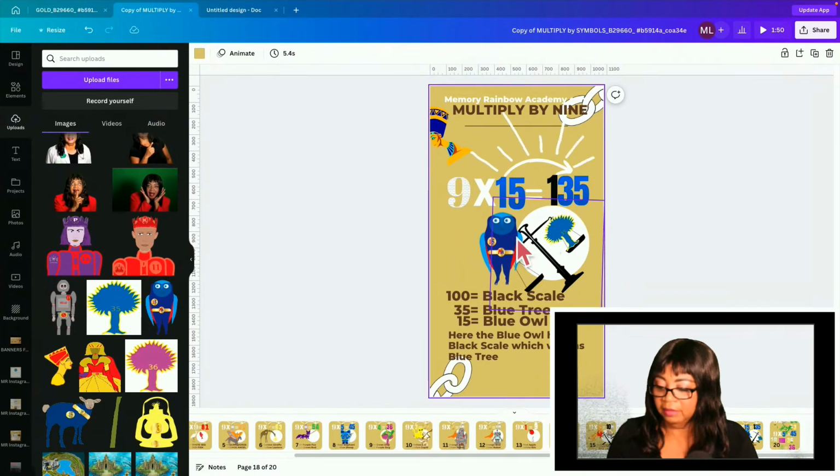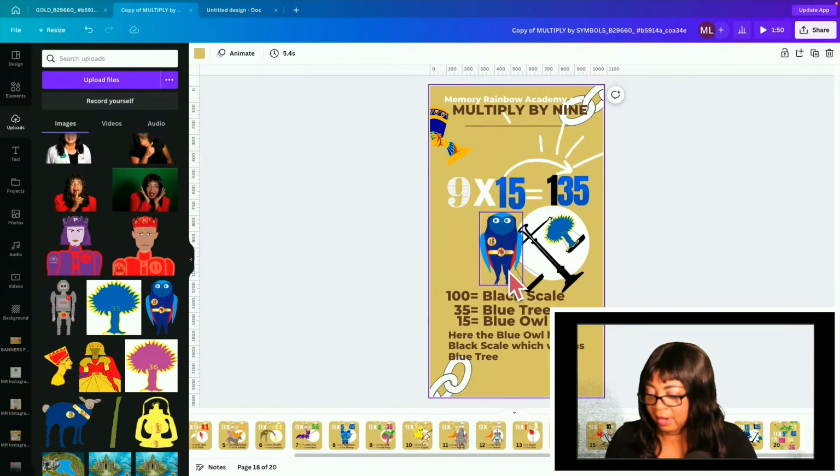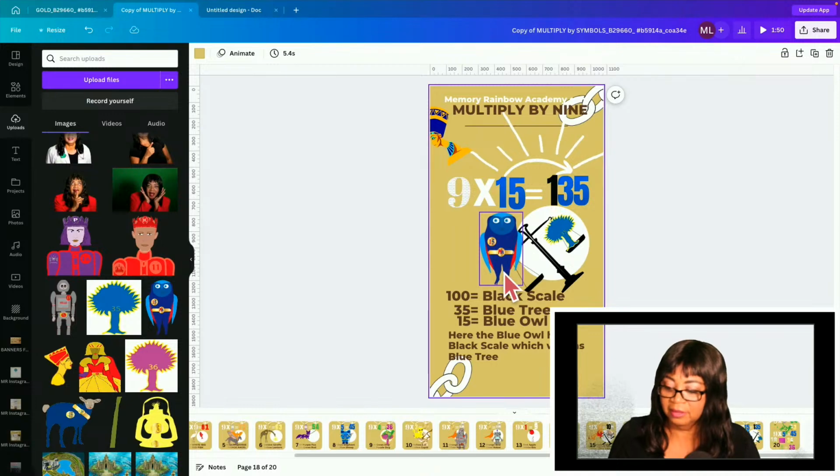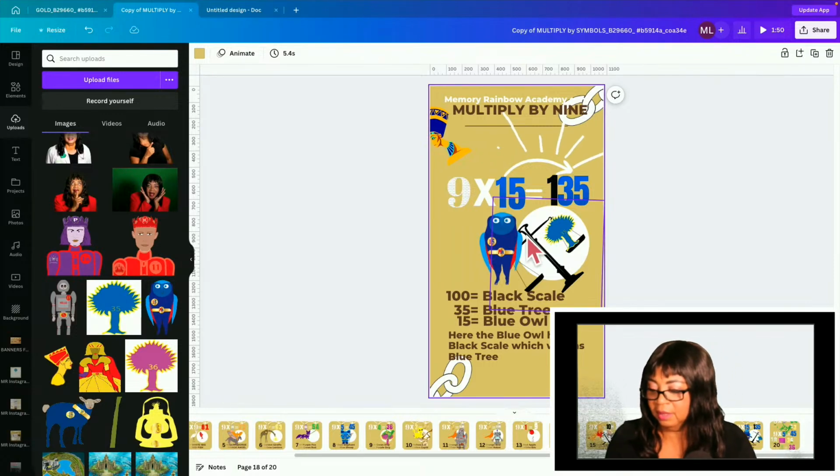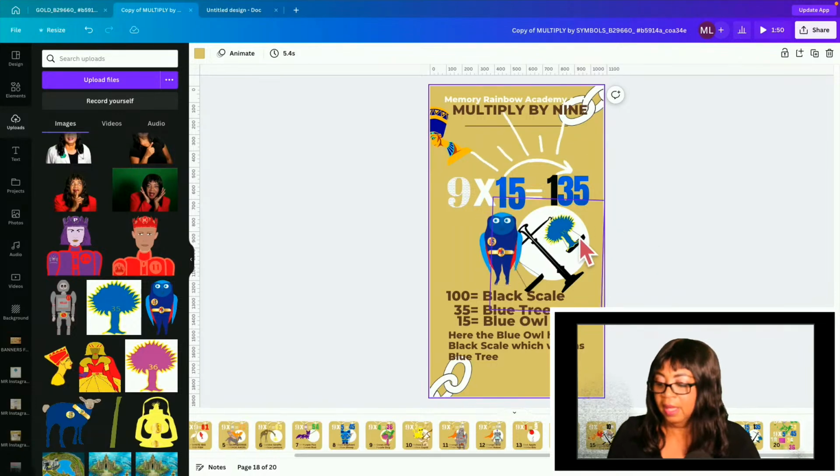Any kind of owl works; this is one that I drew myself, and I was trying to give it a little more character so that it could talk and interact. The owl is holding on to the black scale, and it's weighing a blue tree. This is nice because they're both blue. You've got the blue owl and the blue tree as 9 times 15.